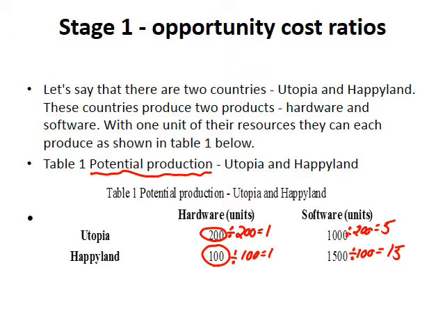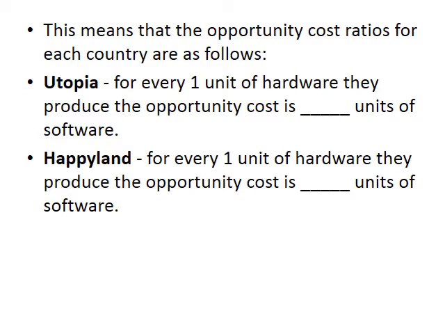So we can say that the opportunity cost for Utopia of 1 unit of hardware is 5 units of software. And for Happy Land, for 1 unit of hardware, is 15 units of software. For Utopia, for every 1 unit of hardware they produce, the opportunity cost is the 5 units of software which they could have produced.